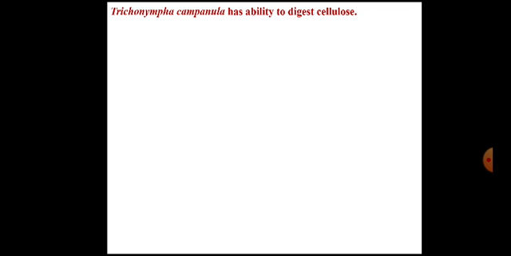And in response to that, Trichonympha gets food and shelter, nutrients, a protected environment in the gut. And in response to that, the termite gets benefited because its cellulose is digested into simple sugars, and this simple sugar is then absorbed in the body fluids and utilized as a source of carbon and energy.